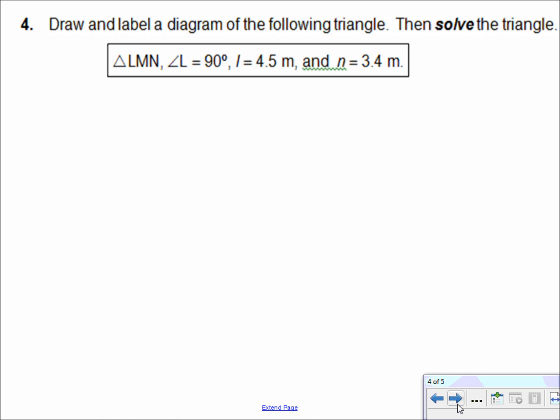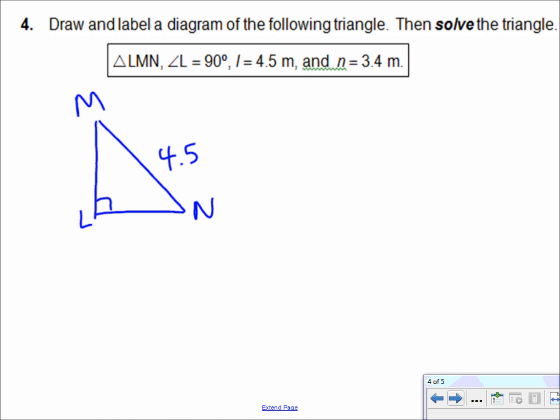So, first things first, I'm going to draw it to look like a 90-degree triangle because I know that angle L is 90 degrees. I also know that side length L is 4.5. And N, so I'm going to go L, M, N.